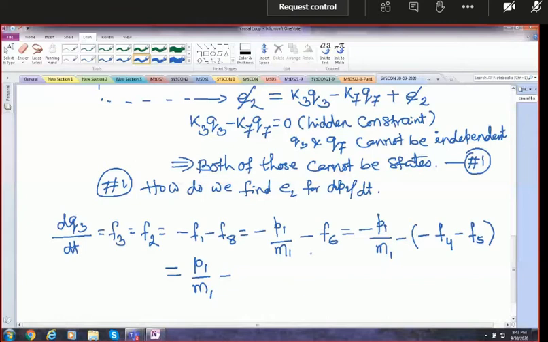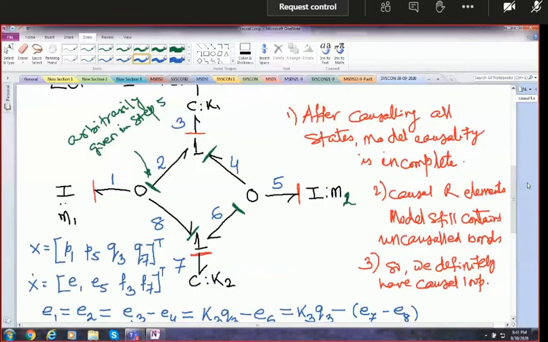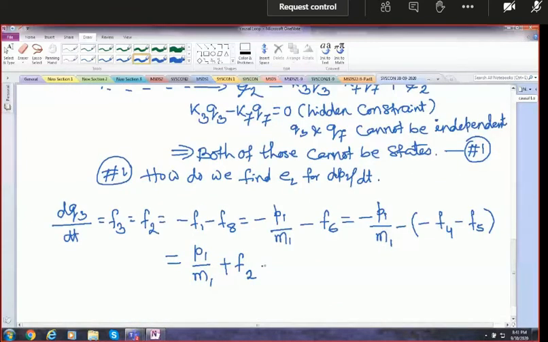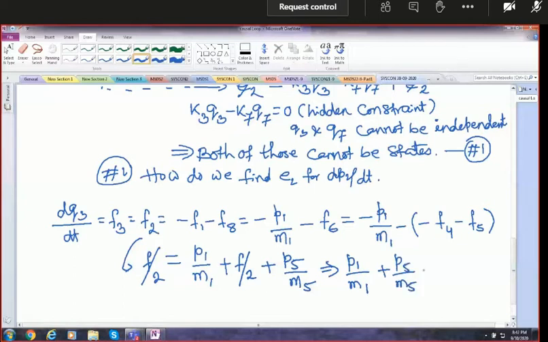And F4 is again at that one junction 2, 3, 4. F4 is F2. So F2 and F2 cancel. So we get P1 by M1 plus P5 by M5 is equal to 0.